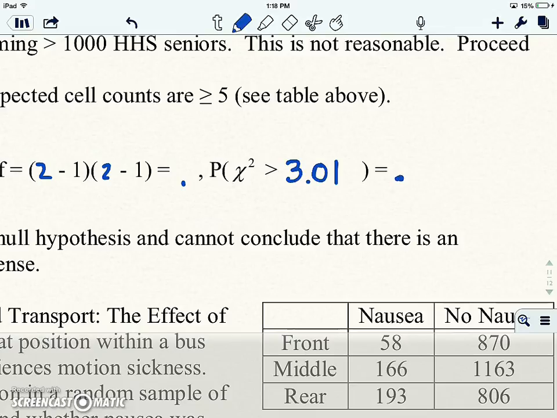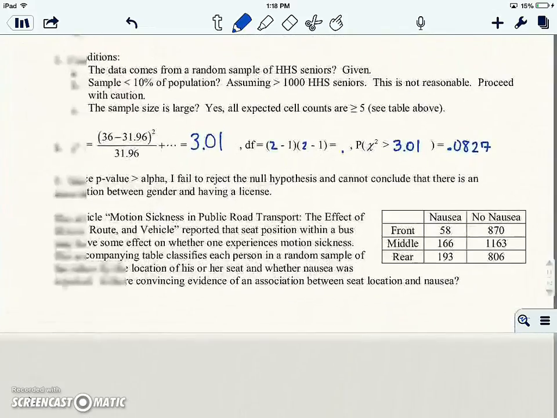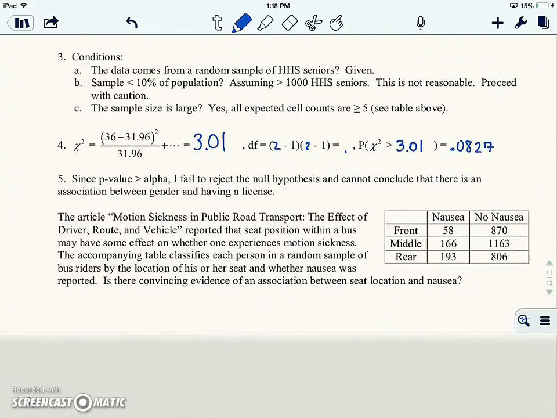And that probability is 0.0827. Since our p-value is greater than alpha, there's an 8% chance, so I fail to reject the null hypothesis and cannot conclude that there is an association between gender and having a license, or cannot conclude that they are not independent, something like that.